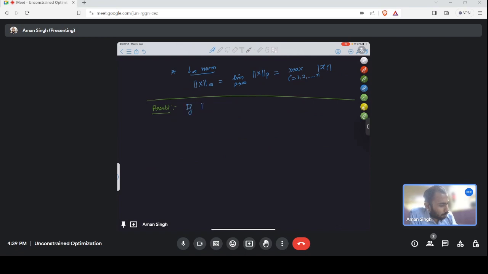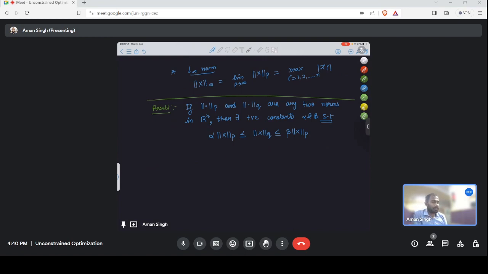If the p norm and q norm are any two norms in Rn, then there exist positive constants alpha and beta such that alpha times the p norm of x is less than or equal to the q norm of x, which is less than or equal to beta times the p norm of x.